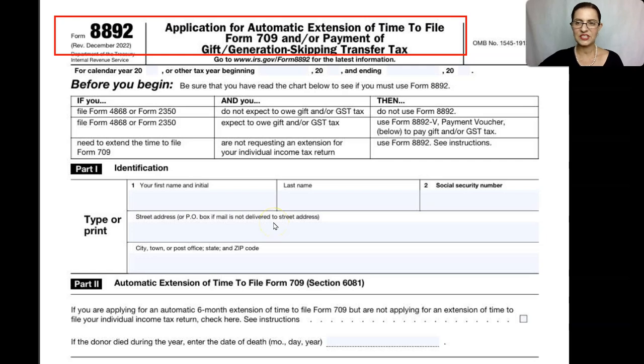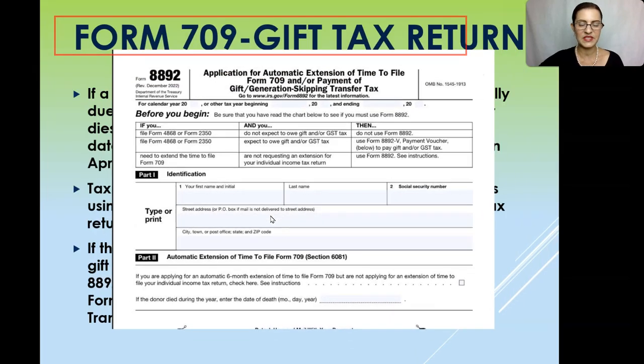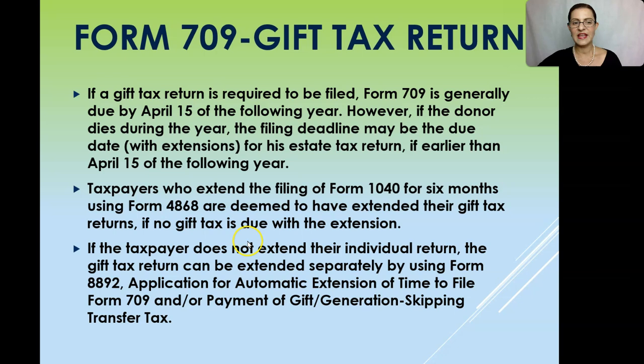So if a taxpayer has to file a Form 709, but they need extra time, and they extend their own tax return with a Form 4868, then they're deemed to have also extended their Form 709. But if they do not file a Form 4868, then they're not deemed to have extended their gift tax return, and they can use a separate extension form, the 8892, to extend just the gift tax return if that's the only thing that they need to file.